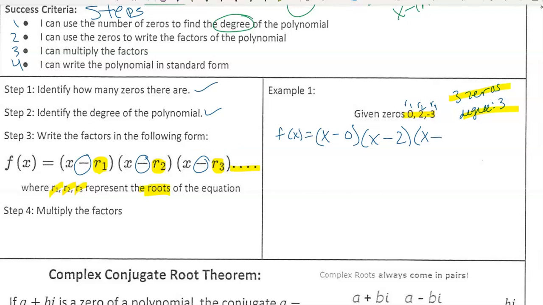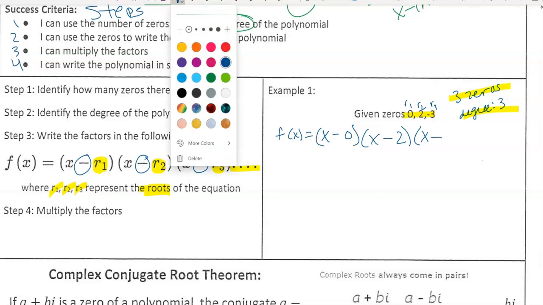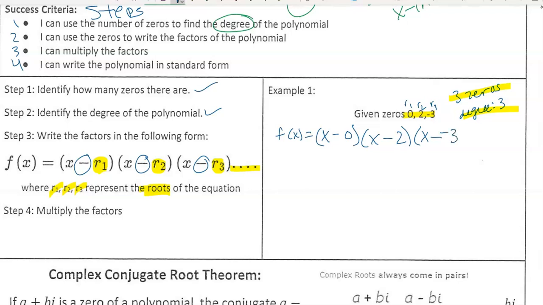So the reason we're using minus is because the formula calls for minus, but here we have a negative 3. So really we're saying x minus negative 3. And what happens when we have that double negative? Double negative makes a positive.